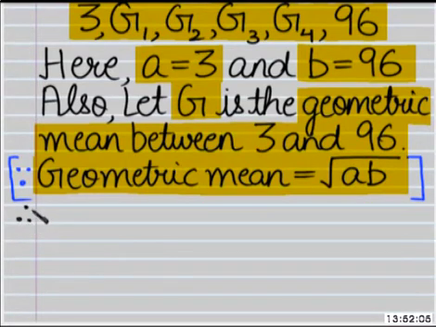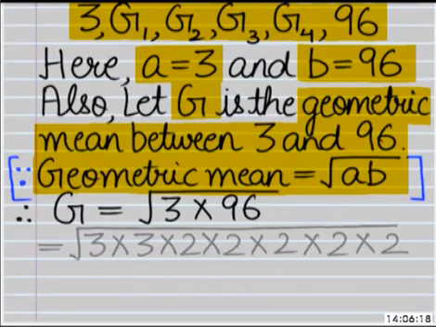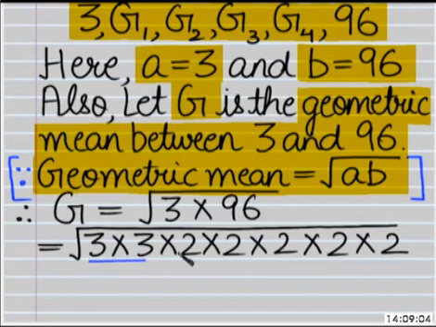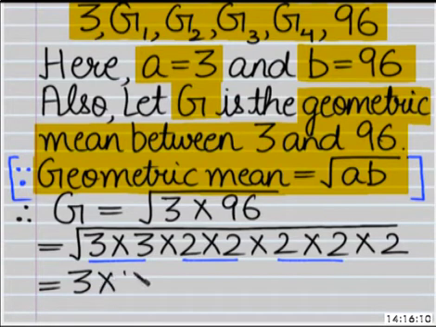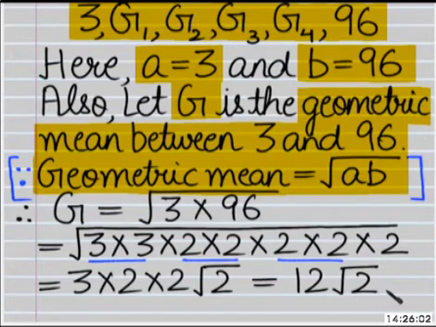Therefore, the geometric mean between 3 and 96, that is G, will be equal to square root of 3 into 96. On solving it, it will be equal to 3 into 2 into 2 into square root of 2, which is equal to 12 into square root of 2.